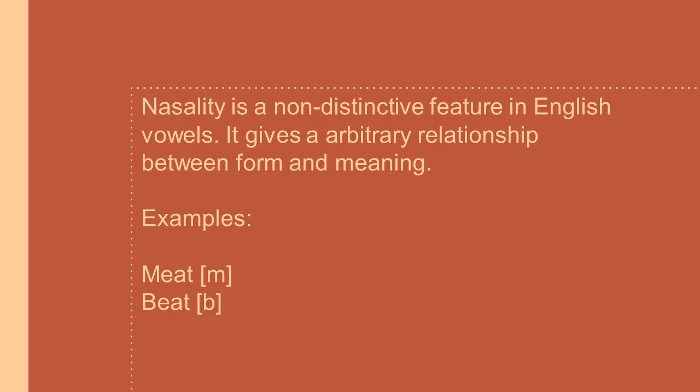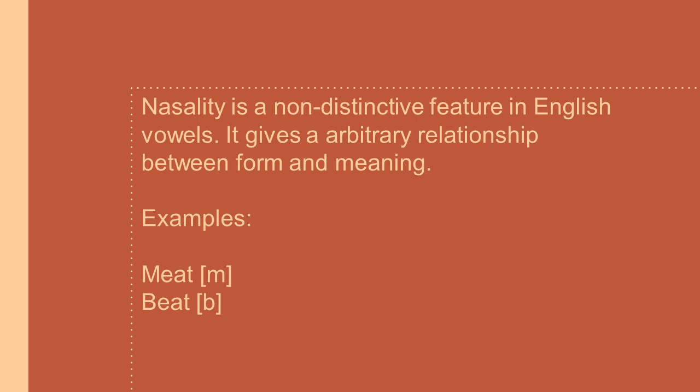Here, nasality is a non-distinctive feature in English vowels. It gives an arbitrary relationship between form and meaning. So here are the examples. We have the words meet and beat, which have different initial consonants. Meet m, beat b.